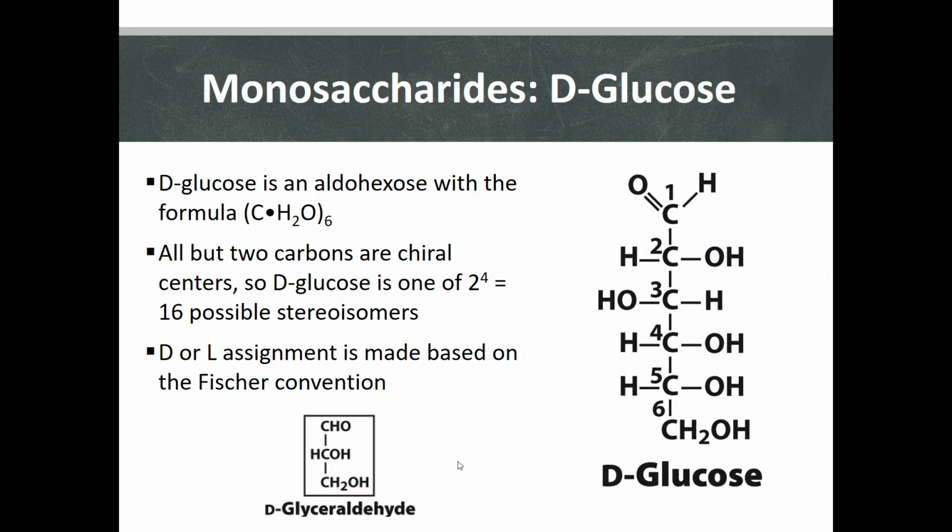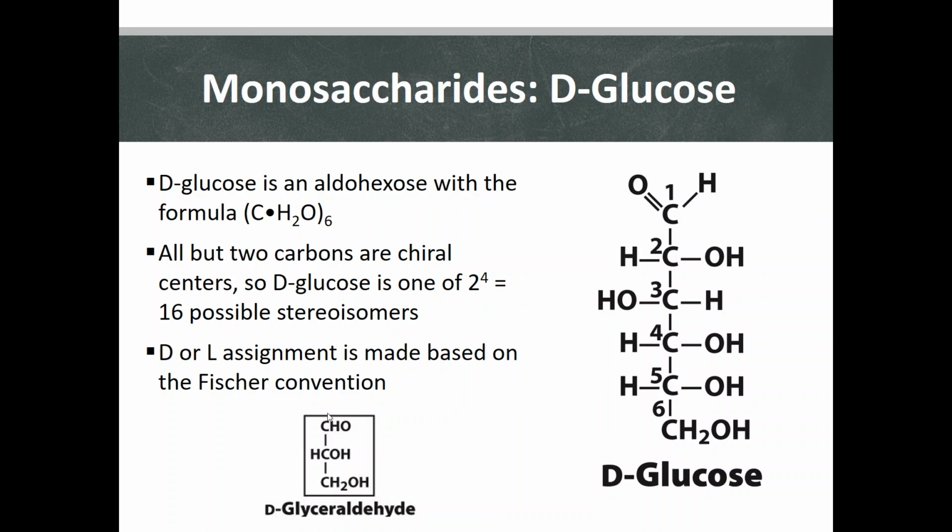So we're not going to get into the spatial positioning of the different functional groups that define the different stereoisomers. I just want you to be able to look at the Fischer projection and say, oh, okay, the hydroxyl group is pointing to the right at that chiral center, which defines this as being of the D configuration. If this hydroxyl group is pointed to the left, then you have an L configuration.